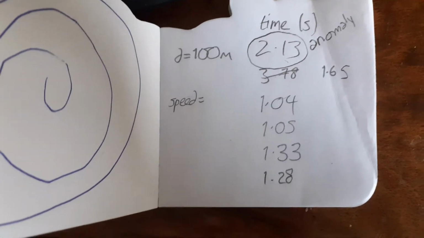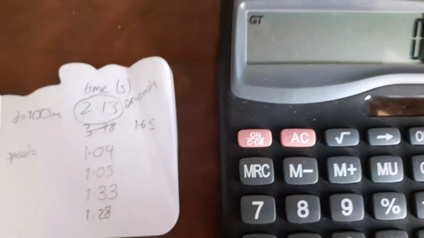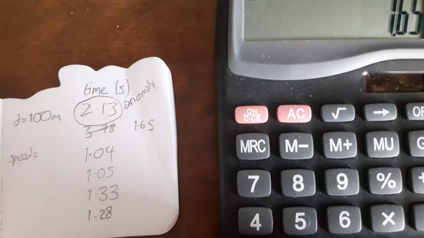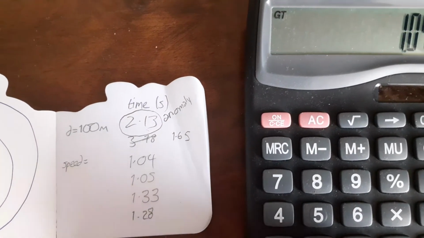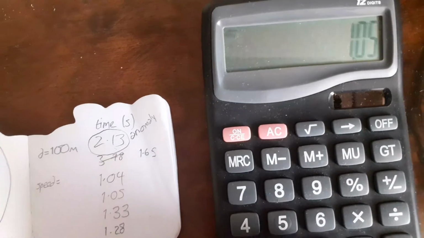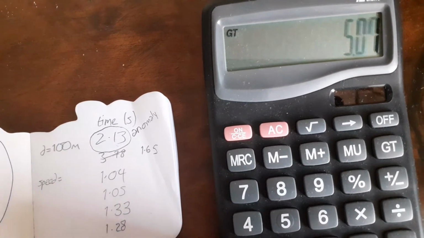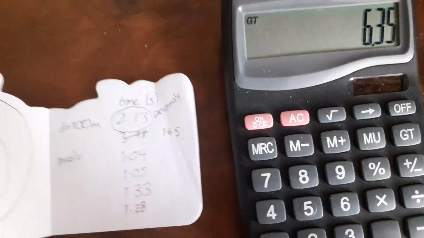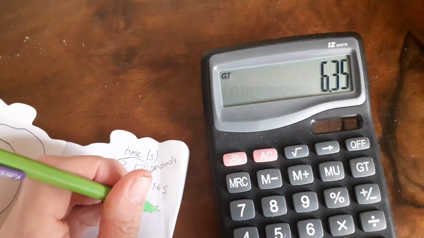Okay, so what was the average time? I'm going to get my big calculator and put the numbers in. 1.65 seconds plus 1.04 seconds plus 1.05 seconds plus 1.33 seconds plus 1.28 seconds. That gives me 6.35.